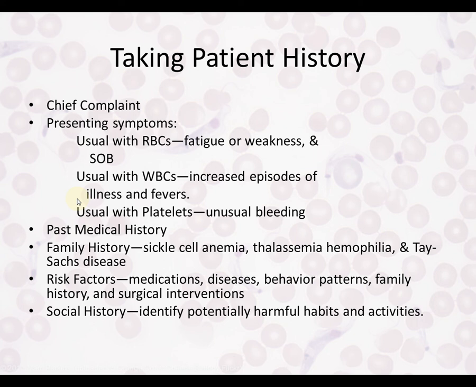Hemophilia can be seen more frequently in Caucasian males than you would see it in African American males. But then there's Tay-Sachs disease, which is found primarily in Jewish people of Central and Eastern European descent. Also, you can see Tay-Sachs in the French Canadian and Cajun heritages as well. So, as you can see, these would all be important for you to find out where their family history is coming from.